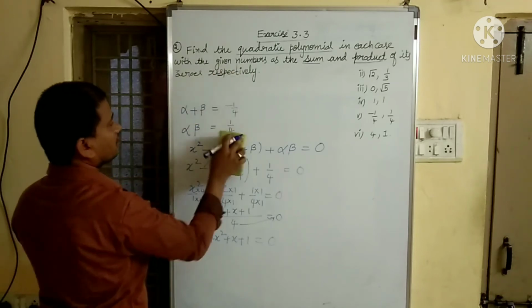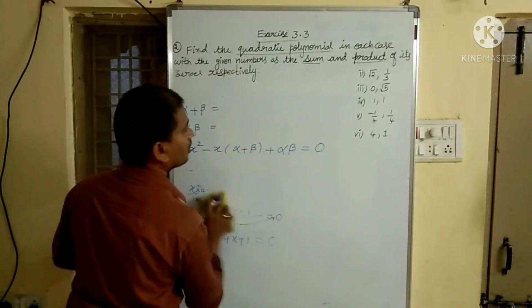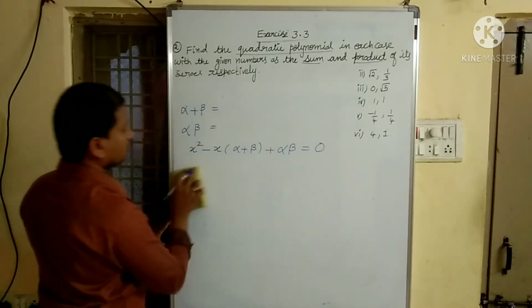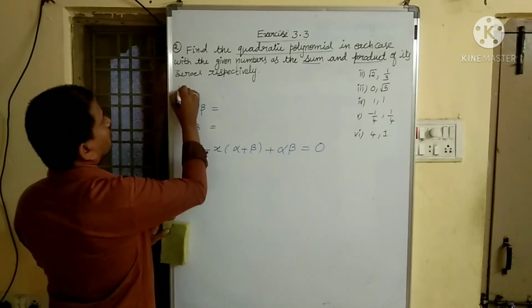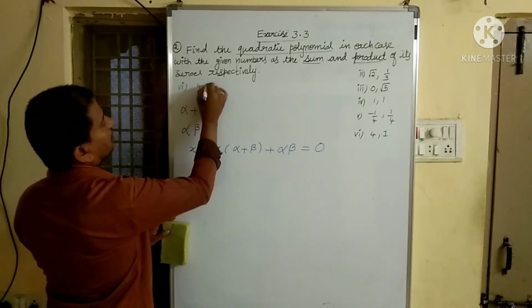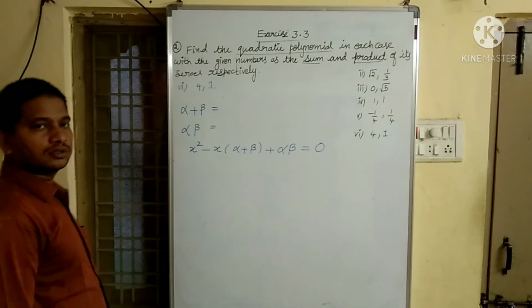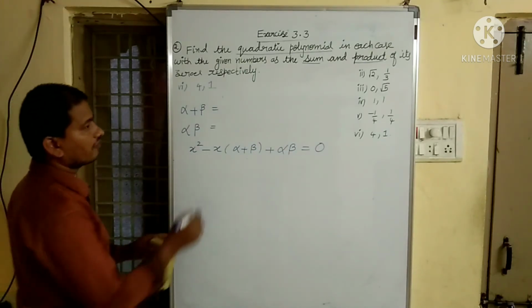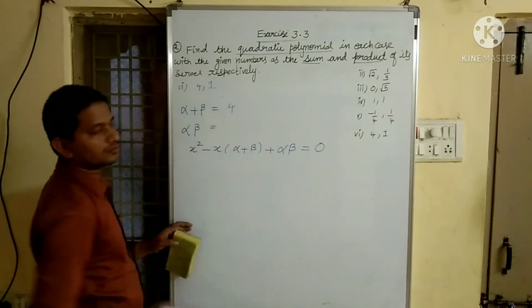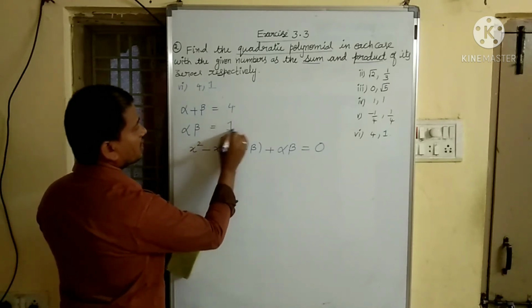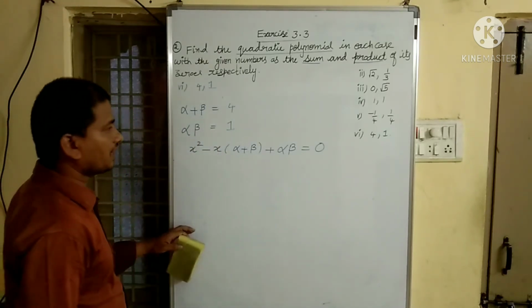Next, last question, the sixth one: 4 comma 1. Sum is how much? Alpha plus beta value is 4 and alpha beta value is 1. Got it?